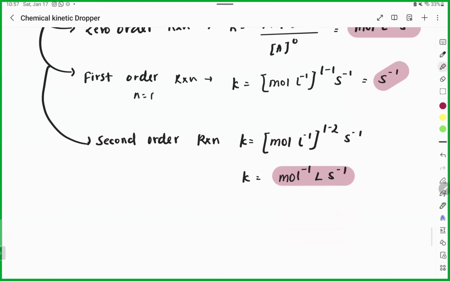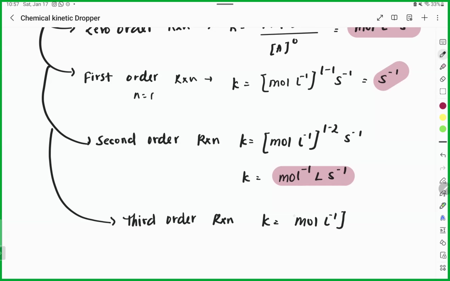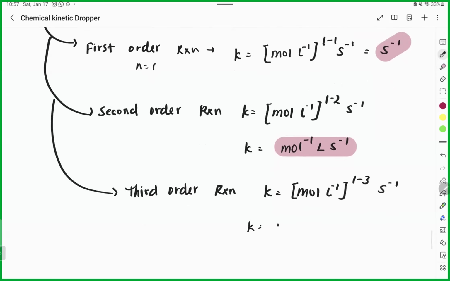So in a third order reaction, it's supposed to be 1 minus n, right? So mole to the power of minus 2, liter to the power of 2, and second inverse. Any doubt? No doubt.